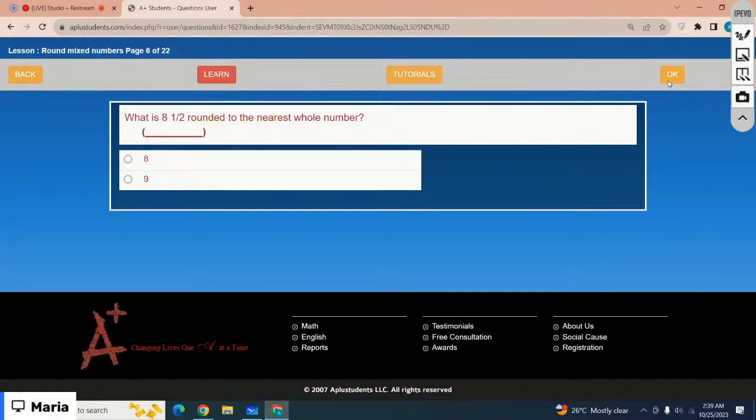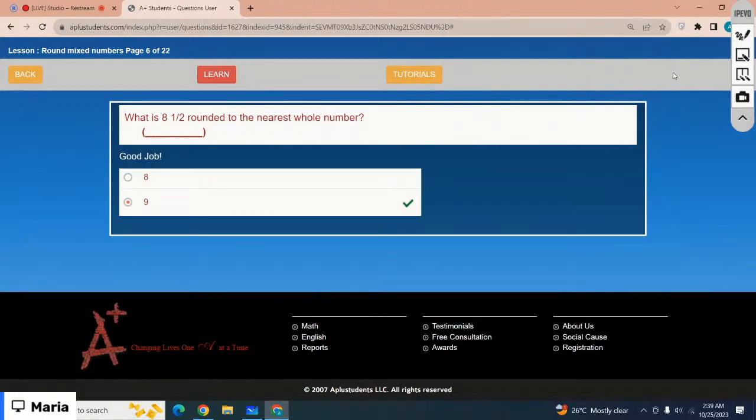When they are equal, you can round up. So 1 over 2 is equal to 1 over 2, right? So you have to round up. That would be rounded to 9. The correct option is 9.